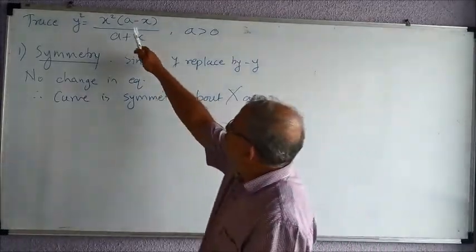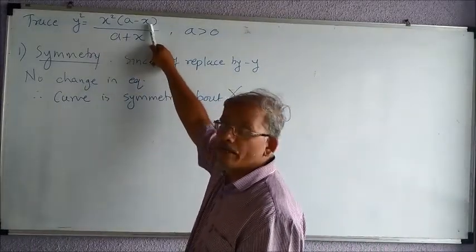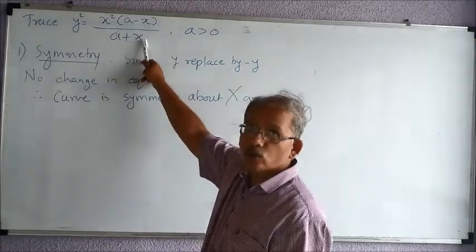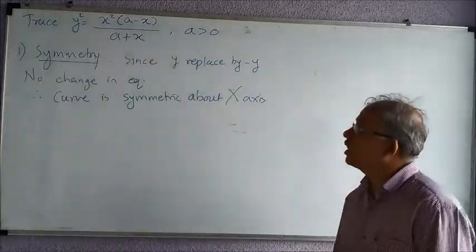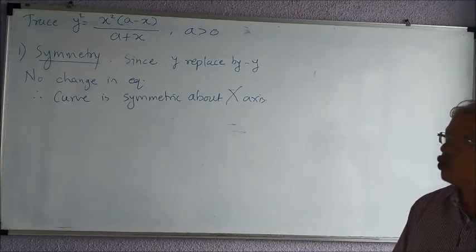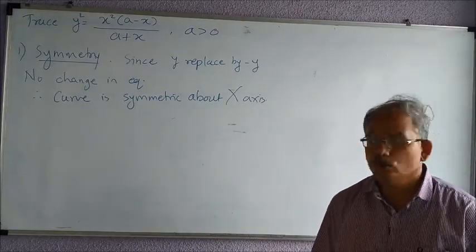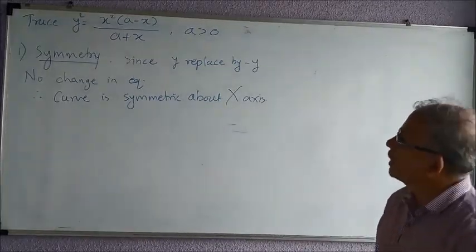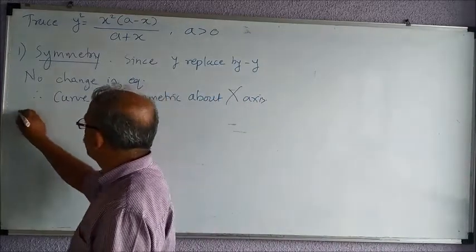Okay, curve is symmetric about x-axis. See that the degree of x is odd, x cubed here, and the degree of x here is also odd. So even if you change x by minus x, the equation is changing, but y by minus y, there is no change. Okay. Second, whether it passes through origin.